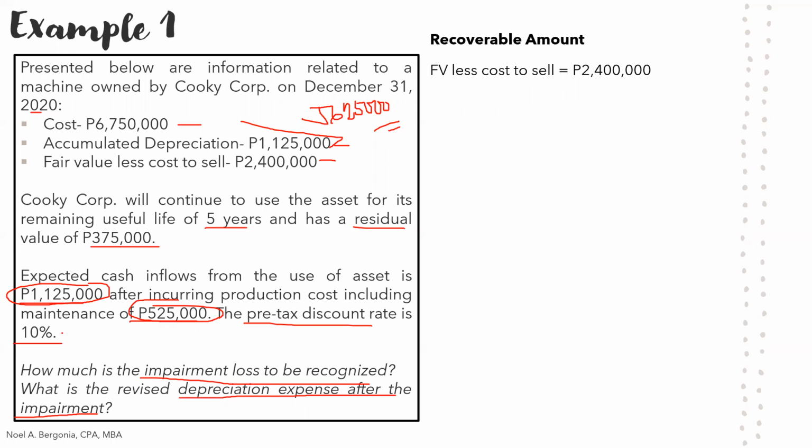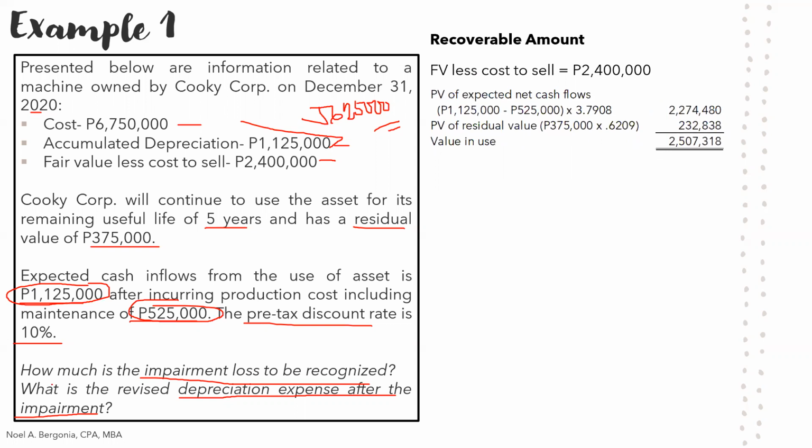Now, how to compute the value in use based on the data given? First, we have the expected net cash flows: 1,125,000 inflow less the production cost of 525,000. That amount we multiply with 3.7908. So saan po nakuha yung 3.7908? We use the 10% as the discount rate and it would be on 5 years.